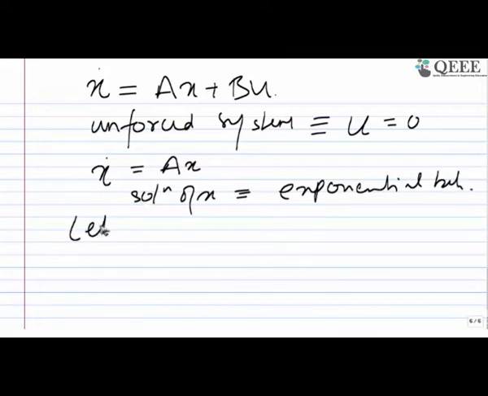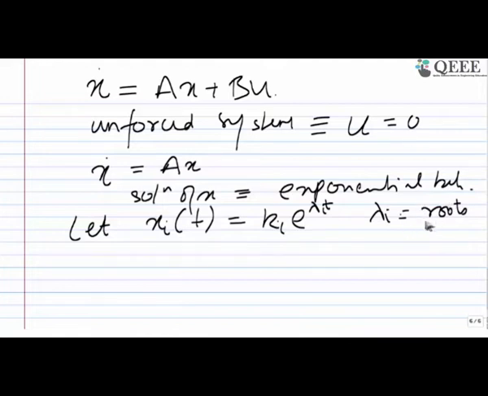So I can assume that x of t is equal to k e to the power lambda t, for every element of this x, and these lambda i are basically the roots.